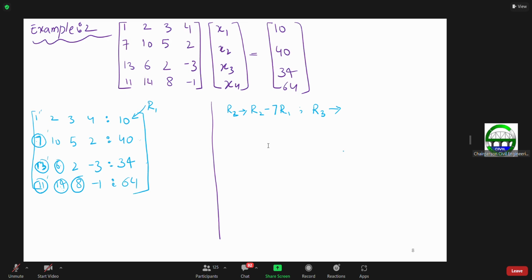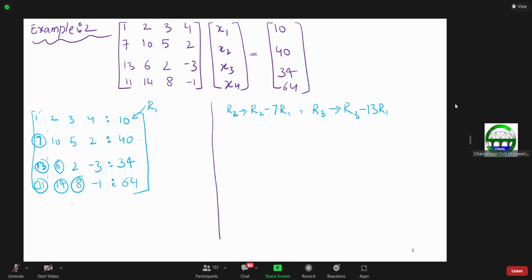Anyone can tell me, please? Yes, R3 is equal to minus 7R1. No, R3 is equal to R3 minus 13R1.